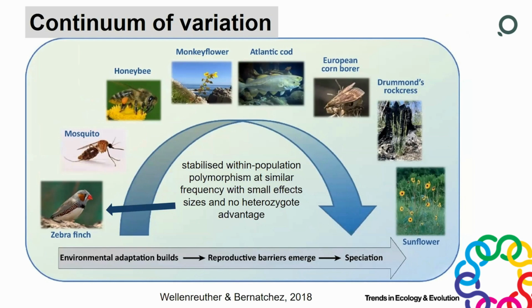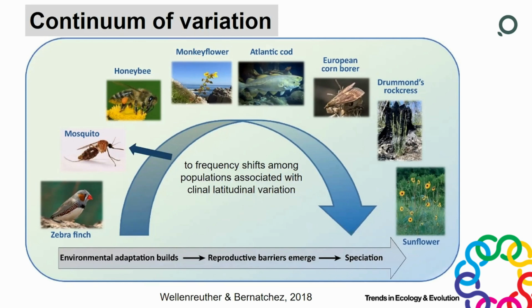So here, for instance, when we look at the zebra finch, we are dealing with a stabilized within-population polymorphism that still has similar frequencies, small effect sizes, things like that. Going to mosquitoes, Anopheles, here we get frequency shifts caused by inversions associated with clinal latitudinal variation.